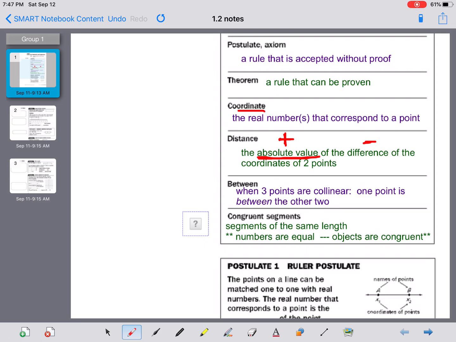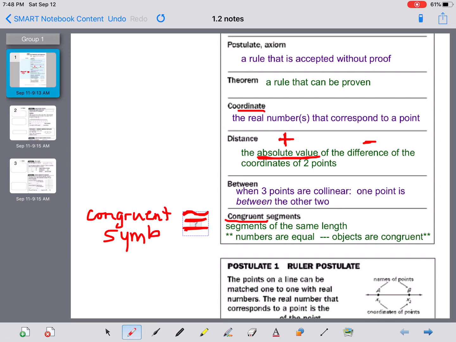Okay, probably our most important word that we're seeing in our vocab today is congruent, and congruent segments here. Segments of the same length. So one thing I want you to know is when we talk about congruent, we have this symbol, an equal sign with a squiggle above it. That is the congruent symbol. And this congruent symbol we're going to use when we talk about objects.